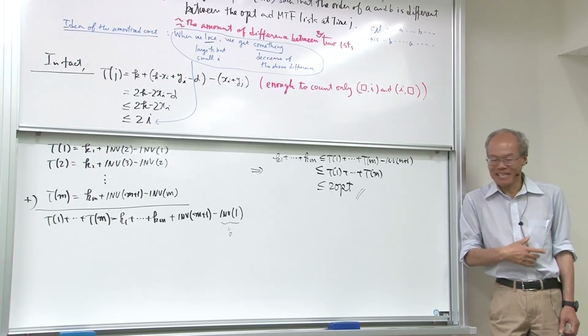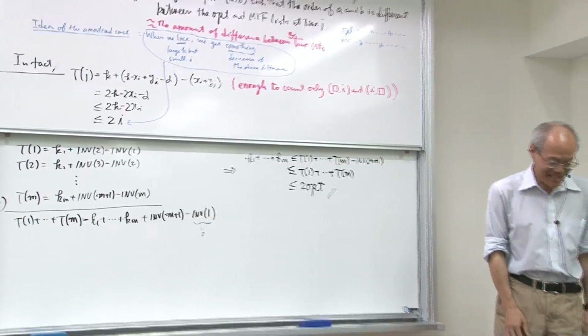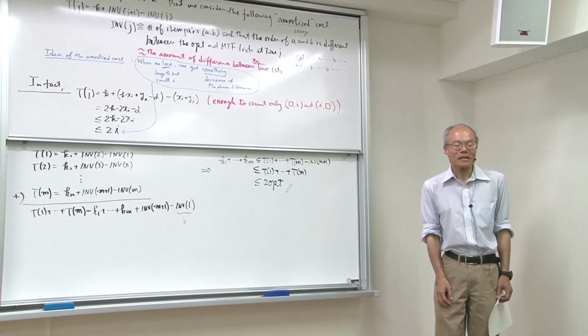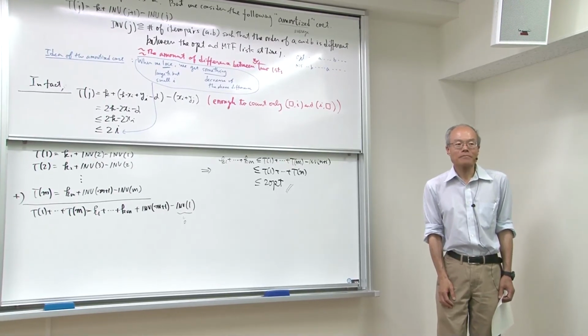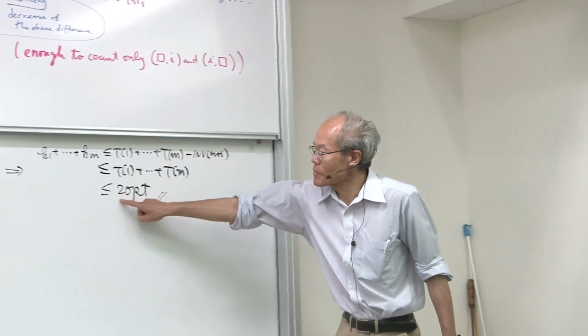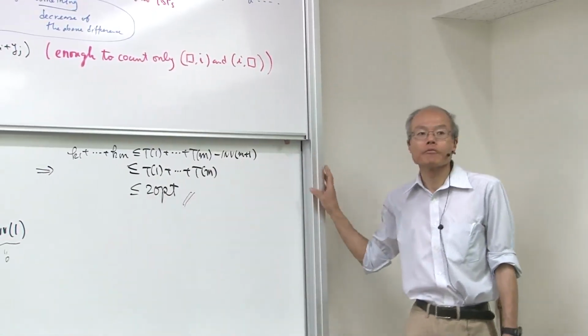So, yeah, I'll stop here for today's class. Next week, I'll show you a bit more examples of online algorithms. And also, probably I can explain that this competitive ratio 2 is optimal.